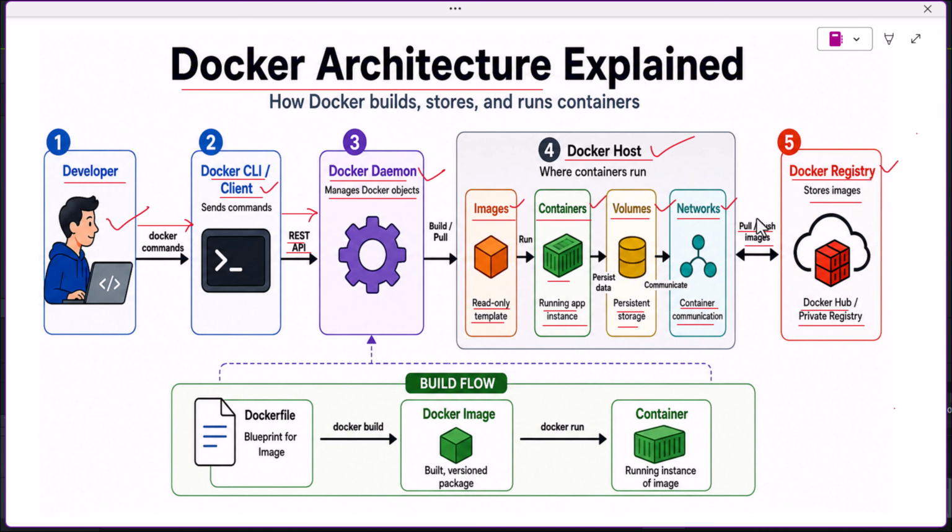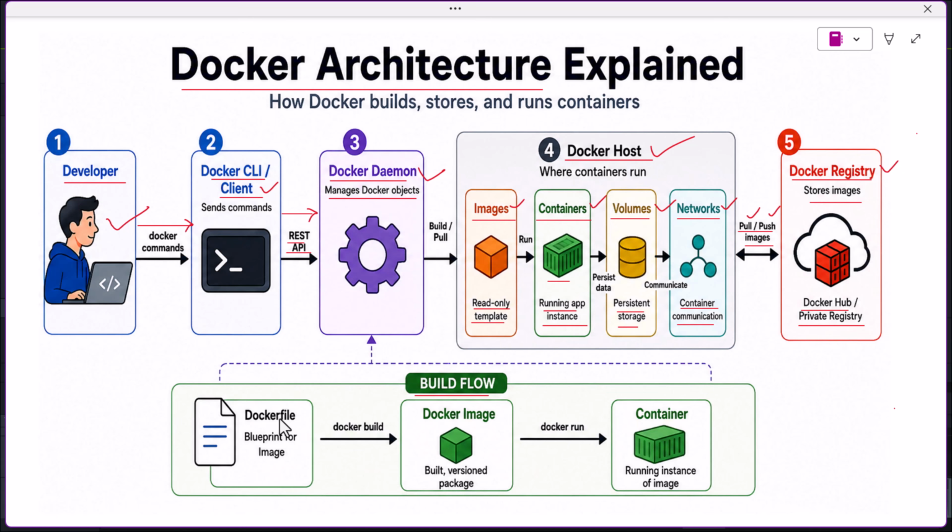Docker pull downloads an image from the registry to the Docker host. Docker push uploads a tagged local image from the Docker host to the registry. This makes it possible to build an image on one machine, store it in a registry, and run the same image on another machine.